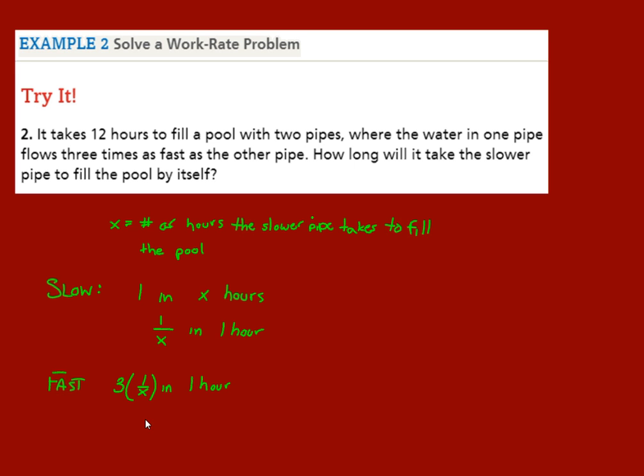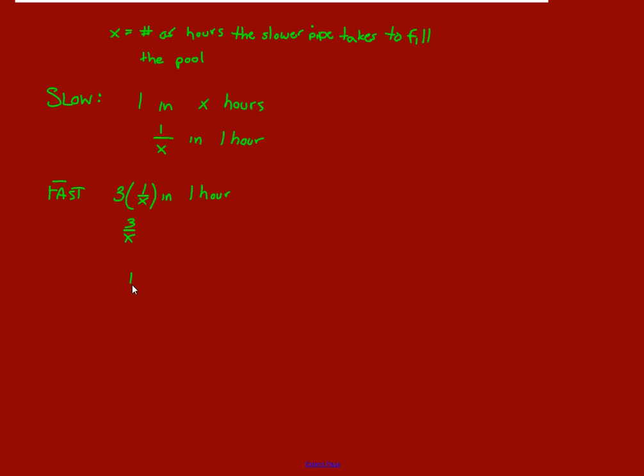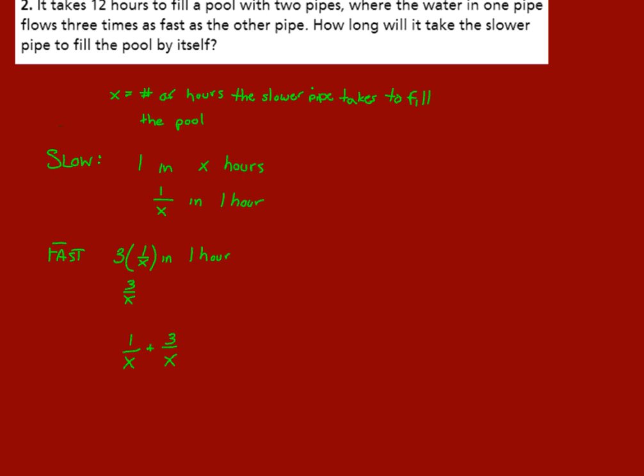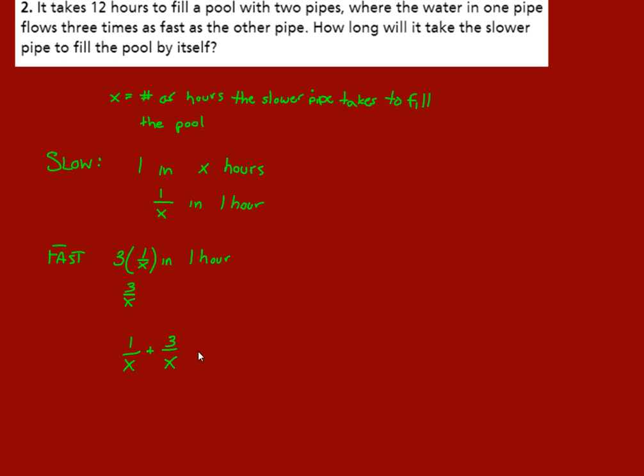It's 3 times as fast, which means 3 over x. So when we add these together, it takes 12 hours. Or together, they can fill 1/12 of the pool. The hours are on the bottom. How much of it is on the top?